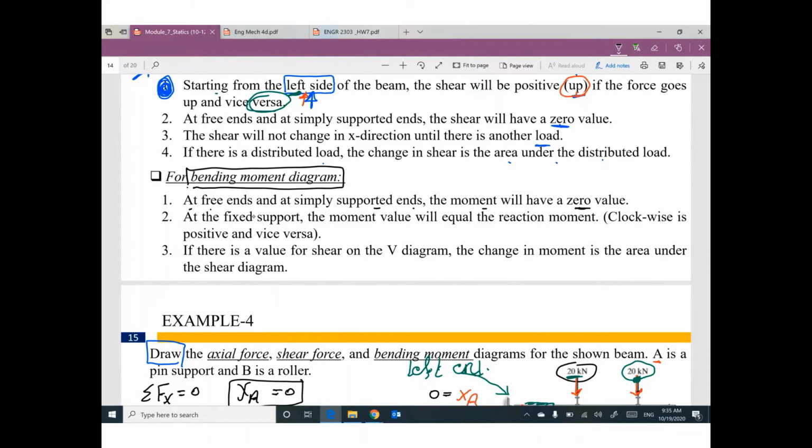At the fixed support, the moment value will equal the reaction moment. These 2 points are very important.